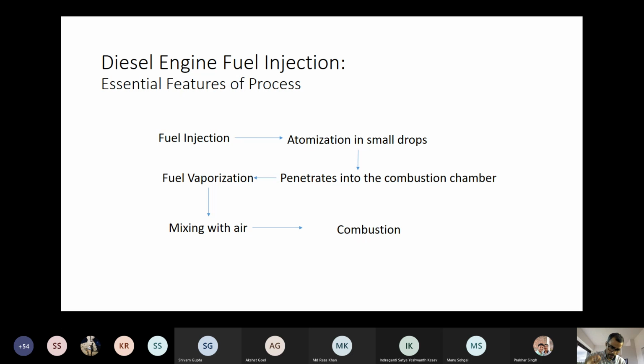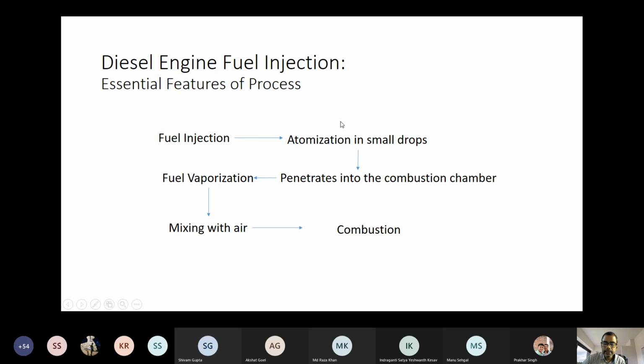When liquid fuel comes at very high pressure through a small orifice, it disintegrates into small droplets, and that process is called atomization.